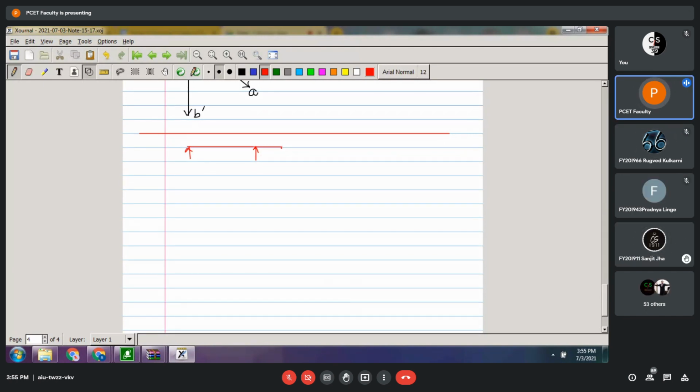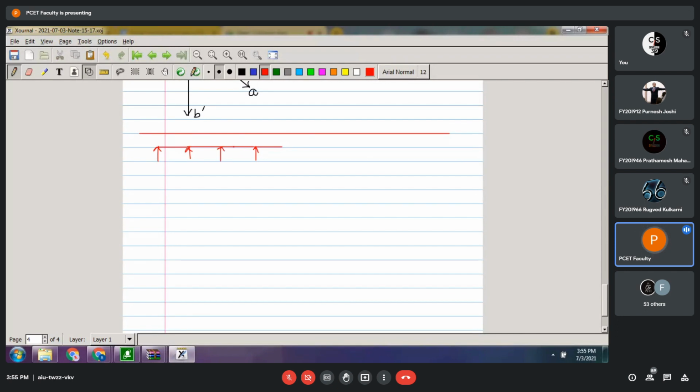If I extend some portion on the left or right side, काय म्हणतात या बीमला? Overhanging. Okay. If suppose I provide more than 2 supports to this beam, काय म्हणतात याला? Continuous. If one end is fixed and the other is free, काय म्हणतात याला?